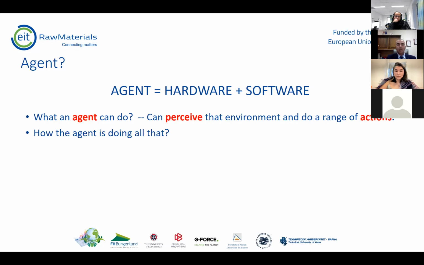So, how is the agent doing all that? Of course, the agent is using some sensors to perceive the environment. What kind of sensors depends on the application scenario. We humans have 5 types of sensors, and we do everything with these 5 types of sensors. But machines are not restricted to those 5 types. Besides the visual, touch, audio, they can also have sensors for radiation, for ultraviolet.